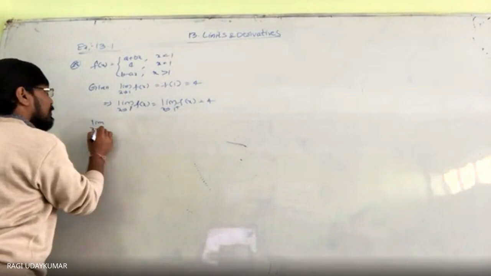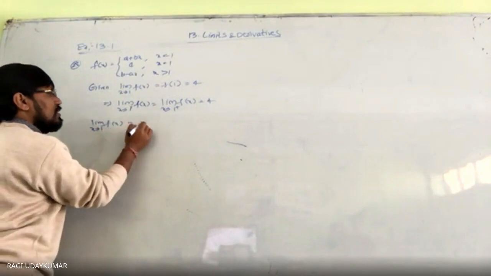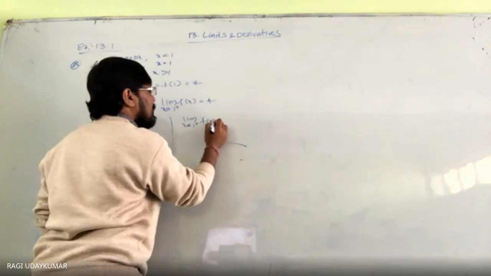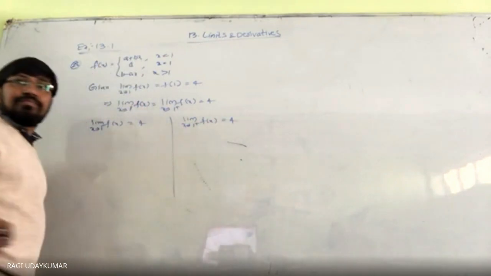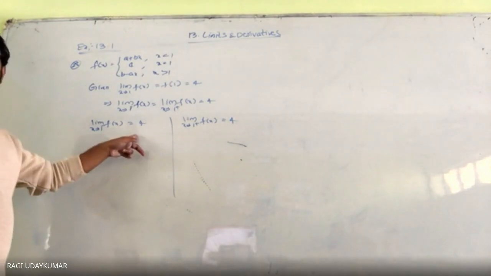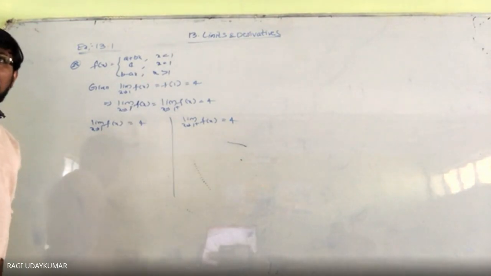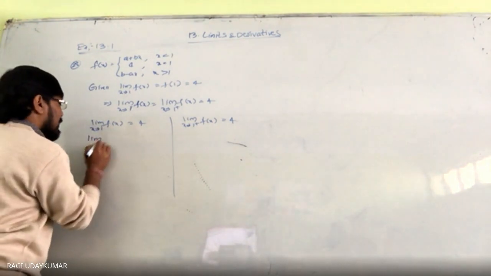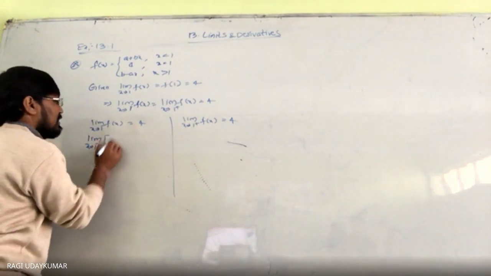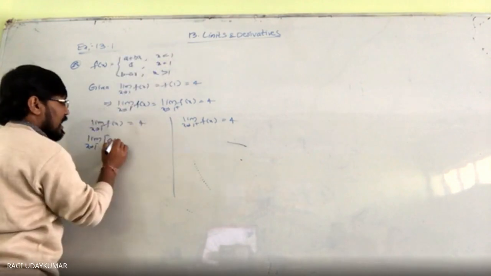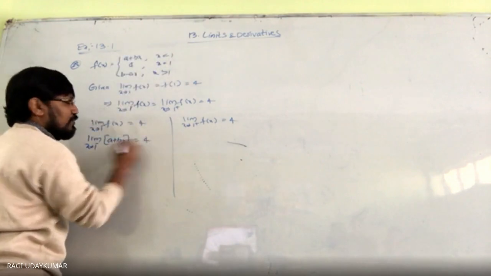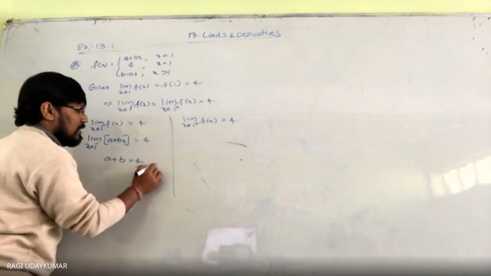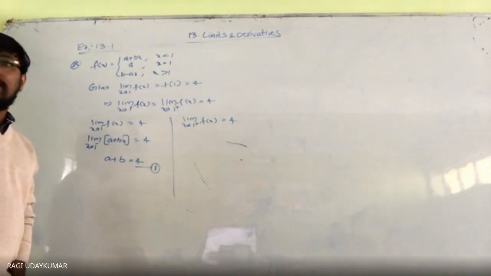The limit as x tends to 1 minus of f(x) is 4, and the limit as x tends to 1 plus of f(x) is also 4. Okay? So for x less than 1, a + bx is equal to 4. Substitute 1, a + b = 4. Consider this as equation number 1.